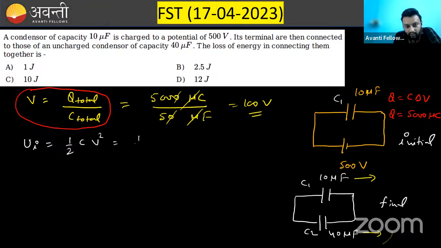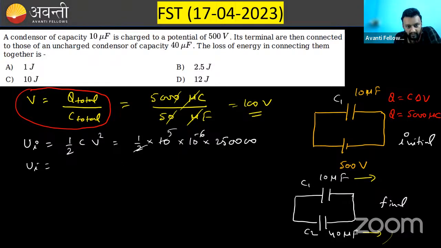If I place the values, half, C is what? 10 microfarad. Micro, remember in your mind. Potential is 500. If you square it, 5 squared becomes 25, and then four zeros. Clear?